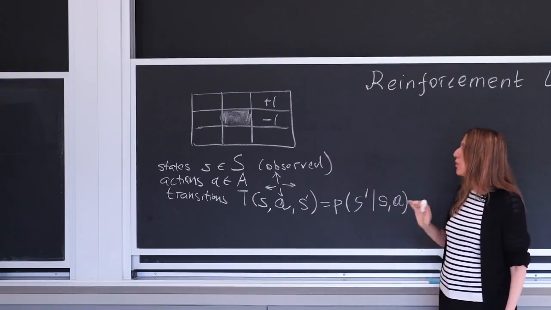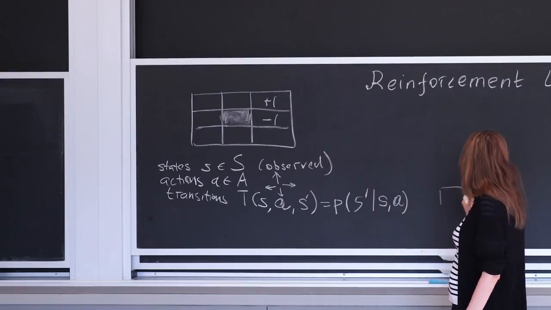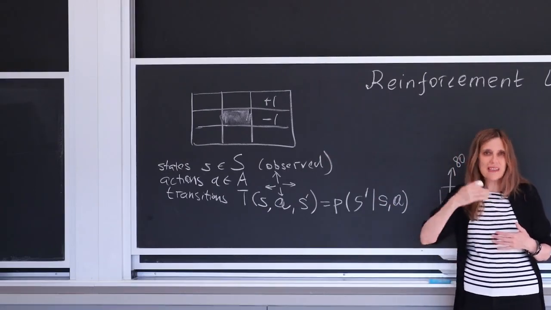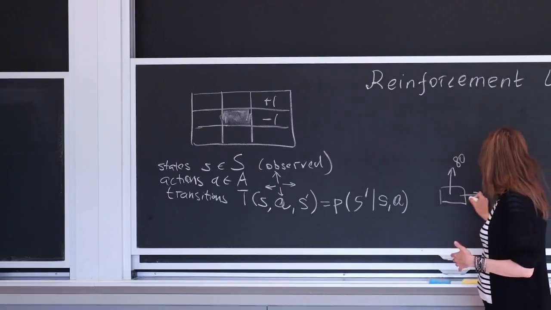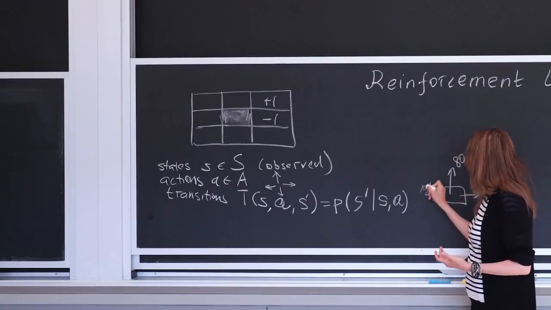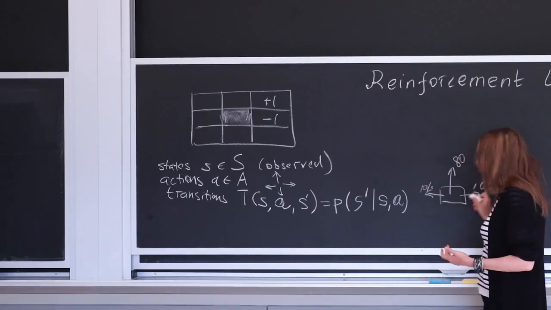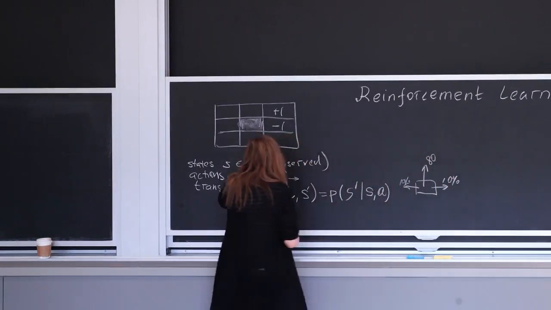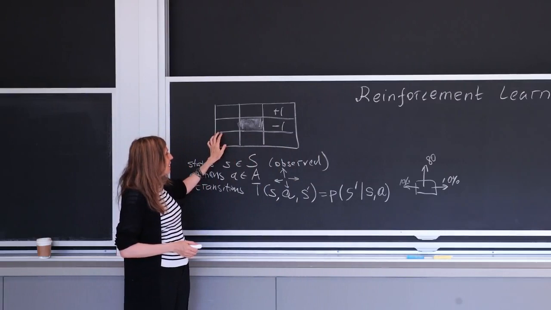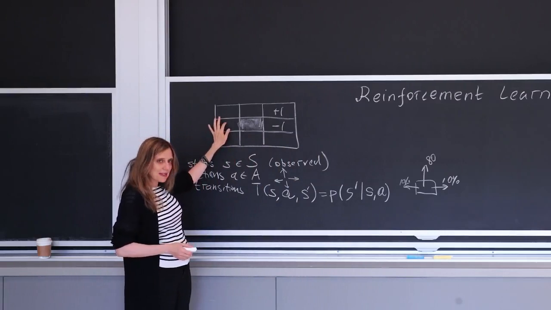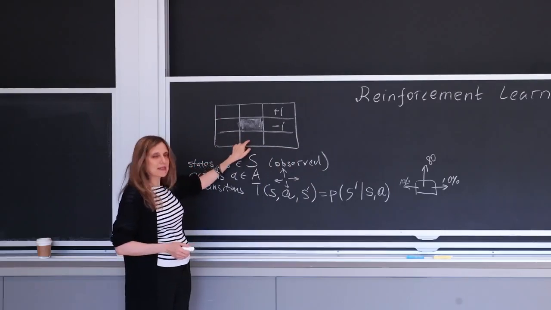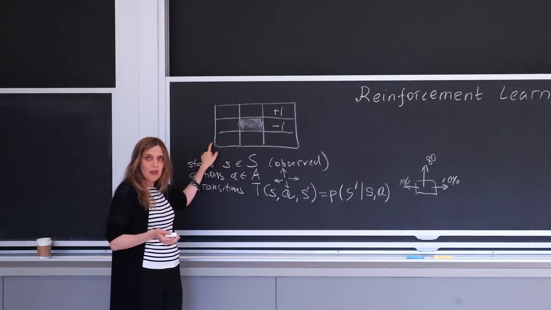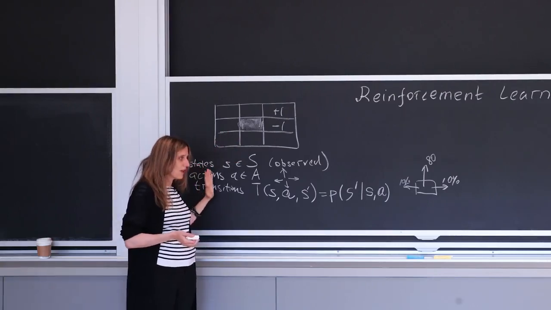So for our case, we would assume that we have 80% probability to follow the direction which we intended to take, and then there will be a 10% chance that we will go to the sides. So you can imagine yourself creating a very big table that says that if you are, let's say, in this state and you take this action up, 80% you're going to end up here, 10% you're going to end up here, and 10% you're going to stay in the same place because there is nowhere to go. Okay, so this is our transition function.